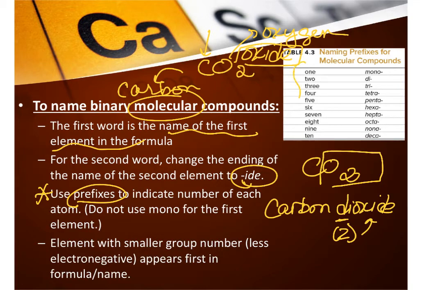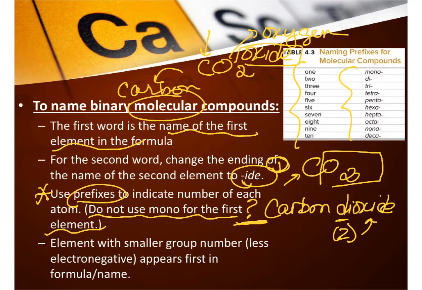So it's important to memorize the prefixes 1 through 10 here. Now, you may or may not have noticed that I did not write a prefix for the carbon. And that is because when there is only one of the first element, you do not have any prefix. It's implicitly understood, if there's no prefix before the first element, that there's only one of them. So that's what you see in parentheses here.